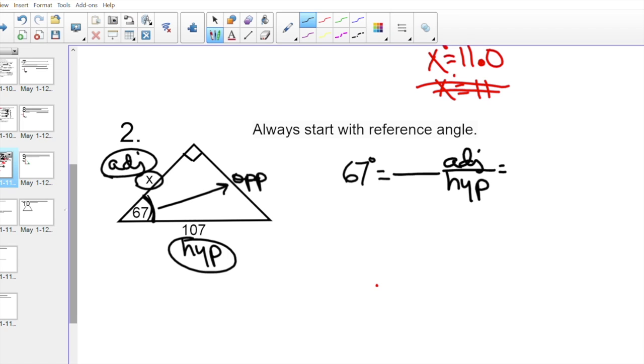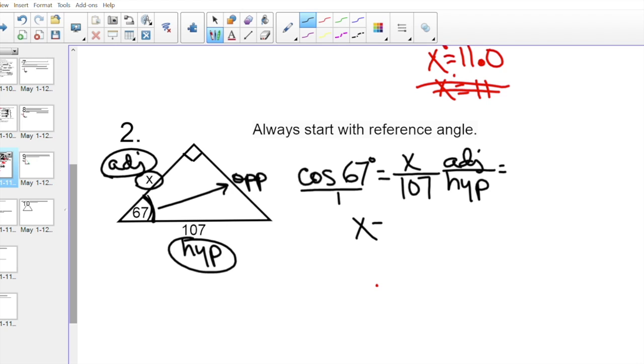Now, what is that called? And of course, that's cosine. So you put the cosine of 67. Now, what is the length of the adjacent? I don't know. What is the length of the hypotenuse? 107. Now, we're solving for x.